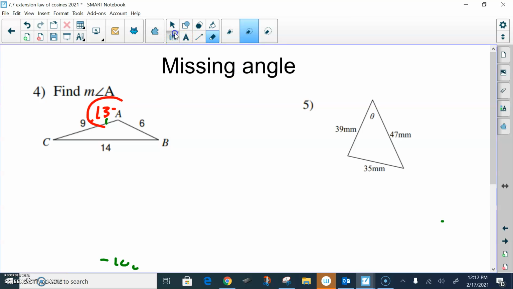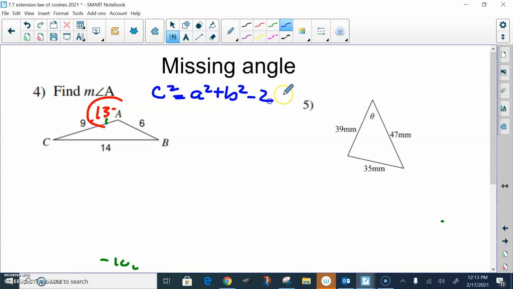All right, so let me write this formula down for you again. It's c squared equals a squared plus b squared minus 2ab cosine of c. In this case, they call it theta. That's the Greek letter. We're looking for that angle. So remember, we either start with this or this. You always start with the unknown or end with the unknown. These are our a's and b's in this case.